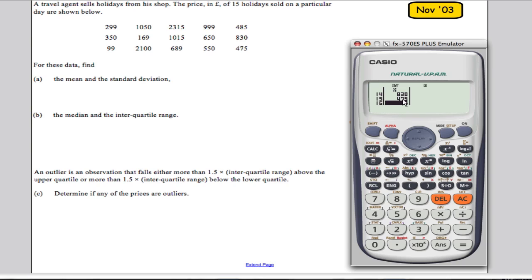And we can see there the last value was 15. There was 15 in total. So that's all our data entered.